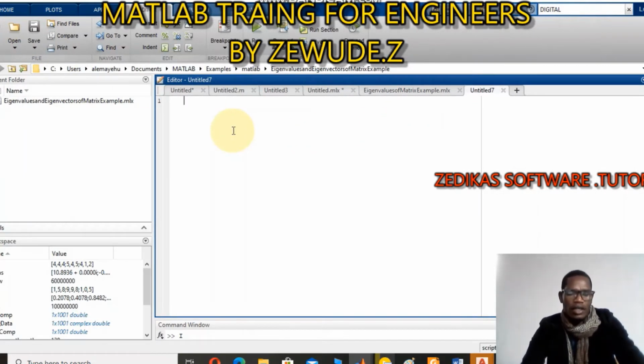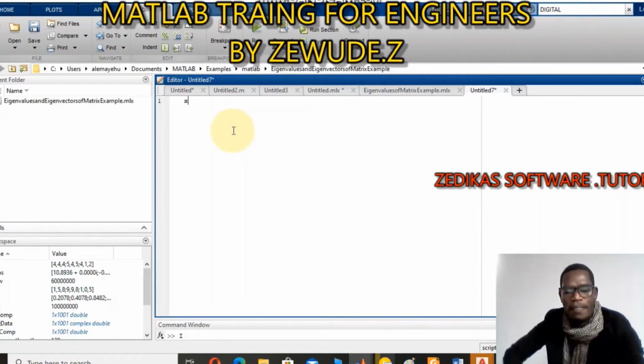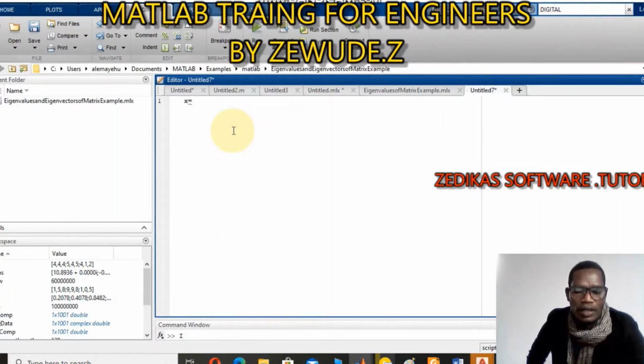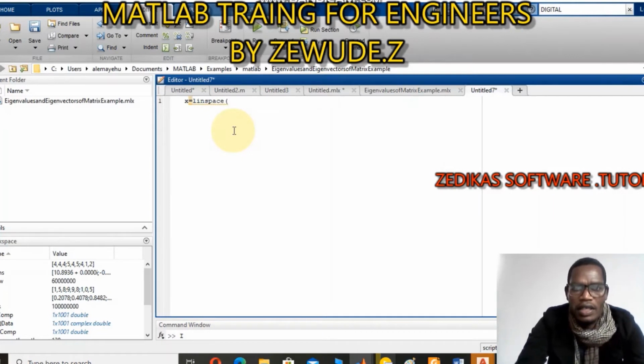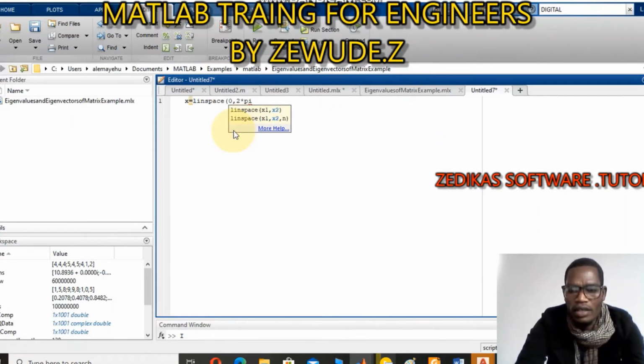The first thing is my x value. Let's say x is equivalent to linspace, linspace of 0 comma 2 times 5, comma 100.